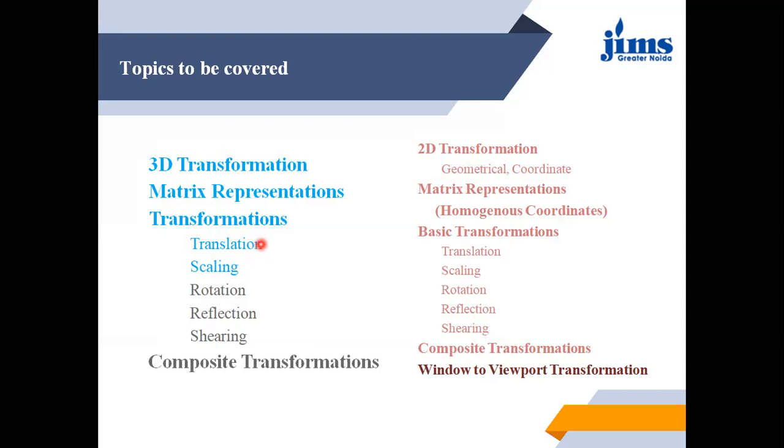In translation, we discussed moving an object from one place to another place, whereas the size of the object is fixed. And in the case of scaling, the size of the object changes as well as the position of the object is also changing with respect to the earlier coordinate or old coordinate.